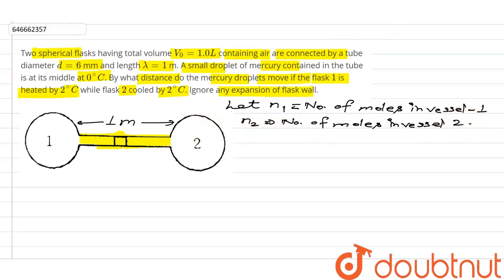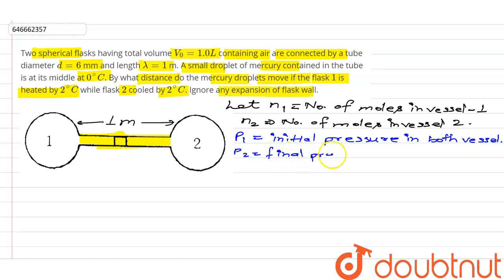And one more thing, let P1 be the initial pressure in both vessels, and P2 the final pressure in both vessels.